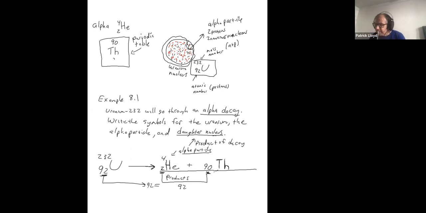Now, just like the charge has to be conserved, remember these conservation rules we had: conservation of energy, mass, momentum, angular momentum. Charge and mass have to be conserved. We can't create or destroy. So if we have 232 as the mass number here, we've got to have 232 over here. But 4 is over here, so again you just use subtraction. 232 equals 4 plus some number x.